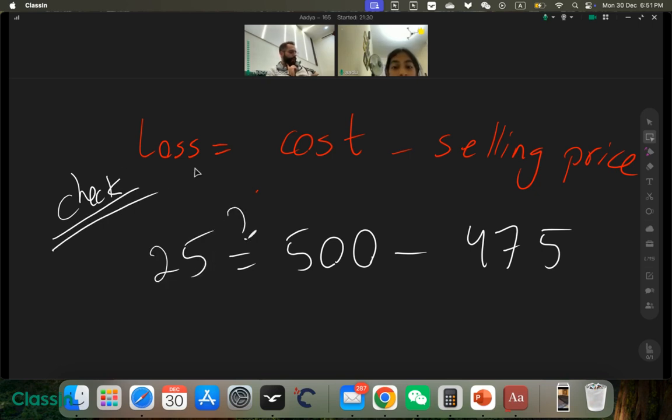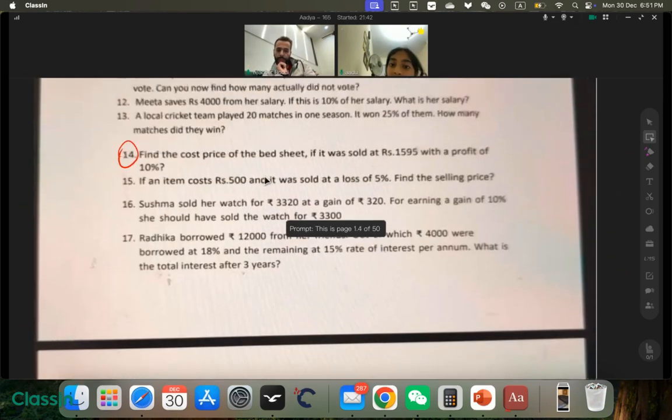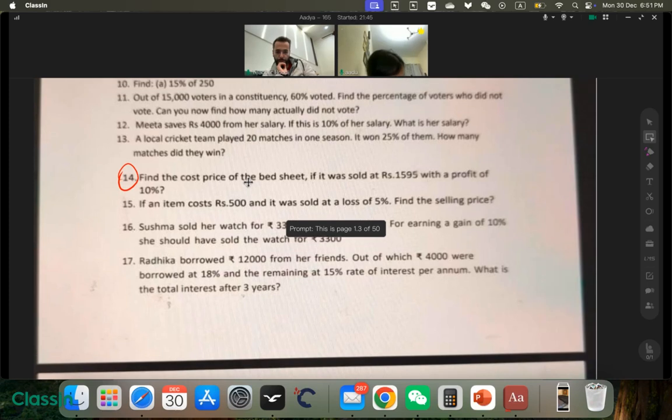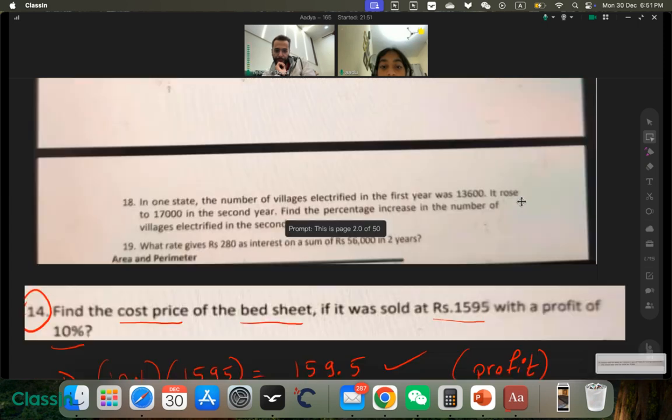Is this correct? Yes, it is. 500 minus 475 is 25. It's correct. Got it? Yeah. We'll do this one. 16 needed more explanation.